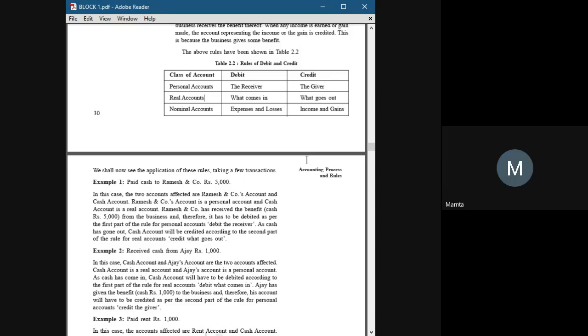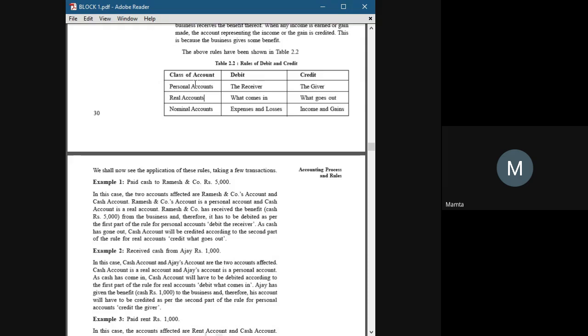No, they're not similar. Personal account and real account are not similar, because in personal account you are dealing with persons, like the owner of the company, and creditors and all. If you are doing a credit purchase, there will be a name of a person involved in it, then it goes straight to the personal account.